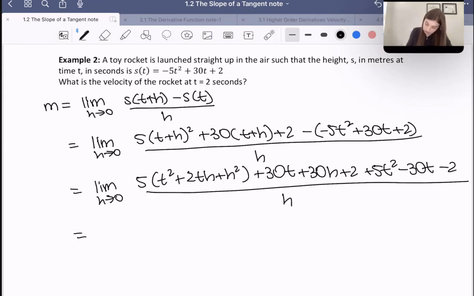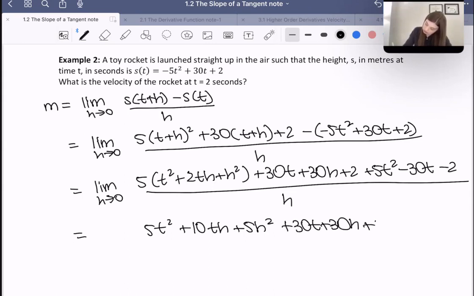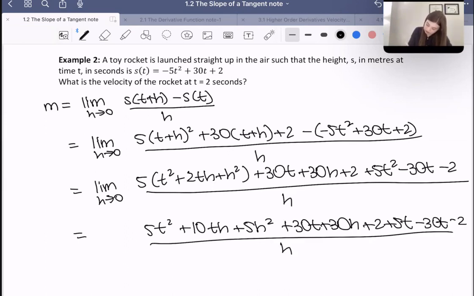And then let's do one more expansion of those first brackets that I didn't quite get to. This is going to be 5t squared plus 10th plus 5h squared, and then plus all the other stuff, plus 30t plus 30h plus 2 plus 5t squared minus 30t minus 2 all over h. And let's not forget our limit as h approaches 0.